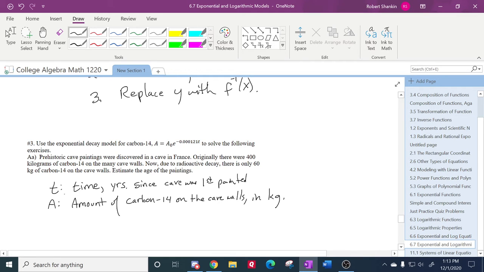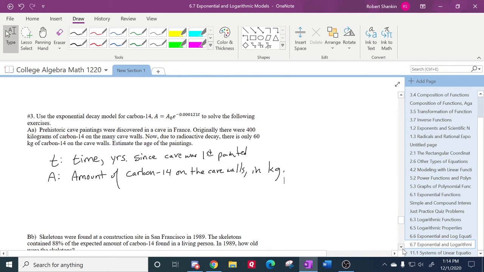Right. These are the two variables in this. Once we have the variables, we can go about doing this. Originally there were 400, this part right here, there were 400 kilograms of carbon-14.